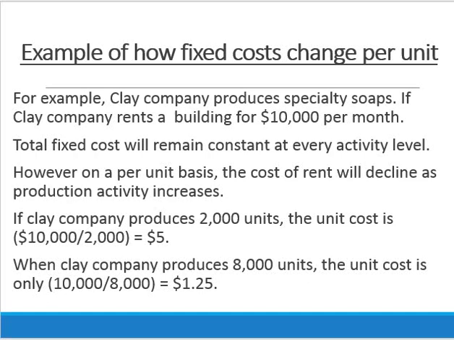However, now when you increase activity, so now they produce 8,000 units in a particular month, the unit cost will now be $1.25. You're going to take the $10,000 total fixed cost divided by the 8,000 units, and that will give you $1.25. So the way I remember fixed costs is fixed costs are fixed in total, but they will vary per unit.